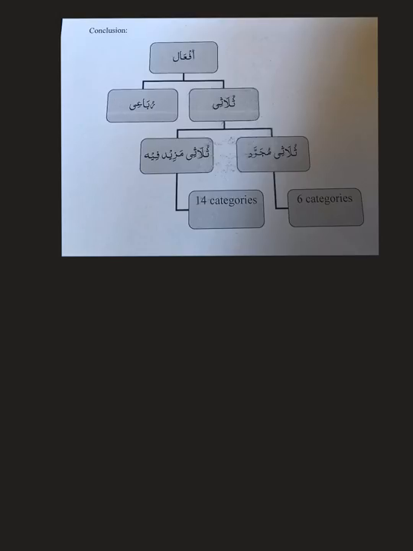Let's just do a quick recap. If you remember, Af'al, plural of Fi'l, verbs, they will either be Thulathi or Ruba'i. Ruba'i are those verbs which have 4 root letters, and Thulathi are those verbs which have 3 root letters.